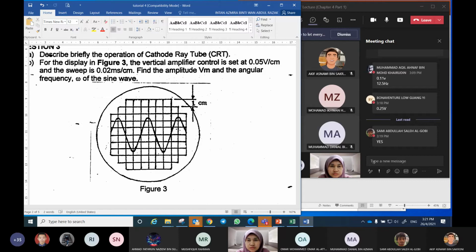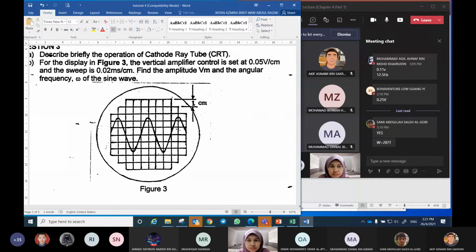Just write the value, what multiply or what divide with what, and then equal to what. Find the frequency, not the angular frequency. The frequency only. How to calculate the frequency?